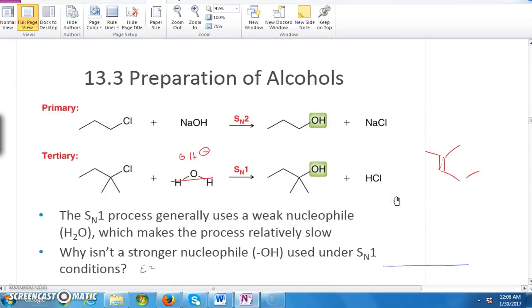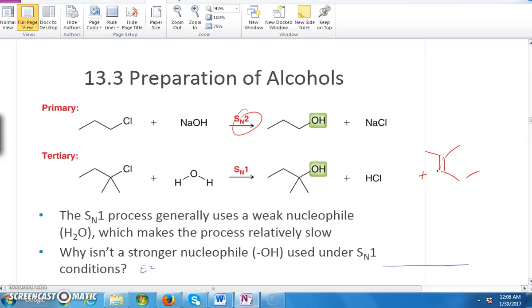If you have a primary, it will go SN2. If you have a tertiary, it will go SN1, and it will also give you some elimination product.